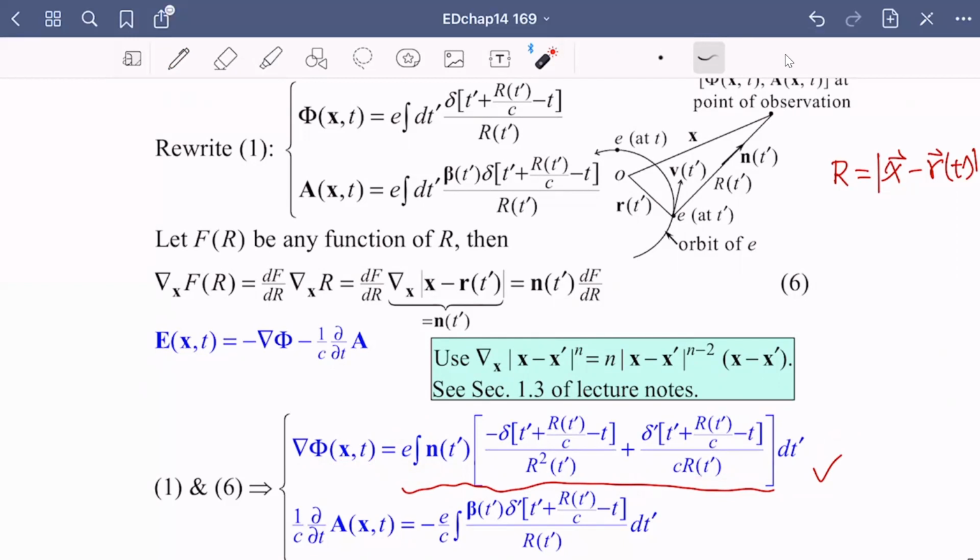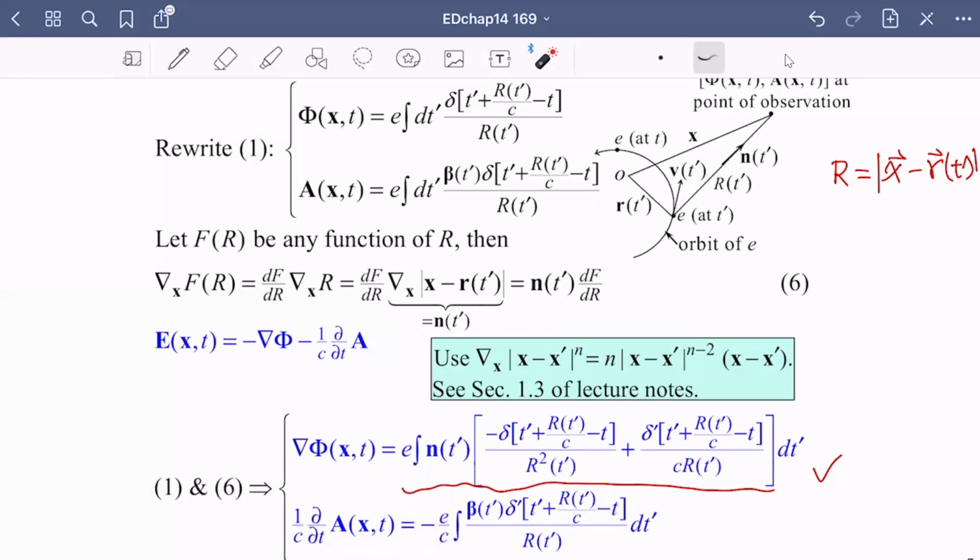Second, this one. The partial time derivative of the vector potential, with respect to t. So only here, with respect to t, it gives us a minus sign. Okay, others are the same.